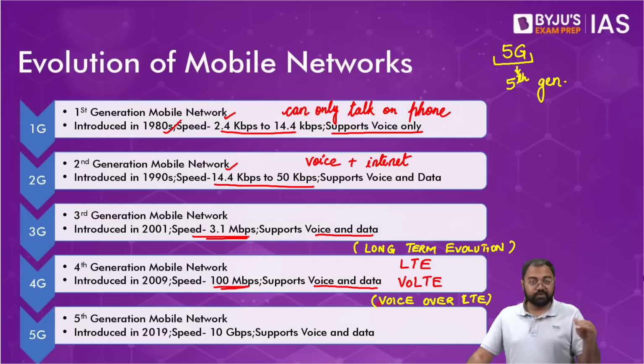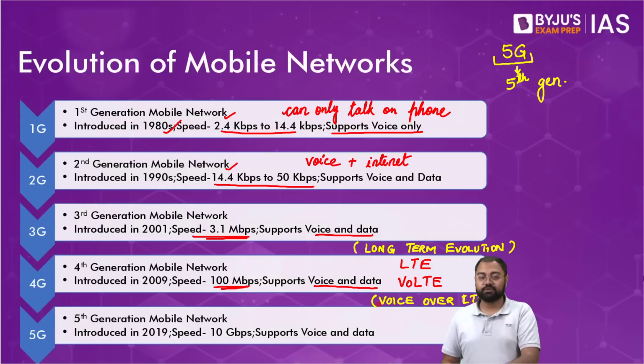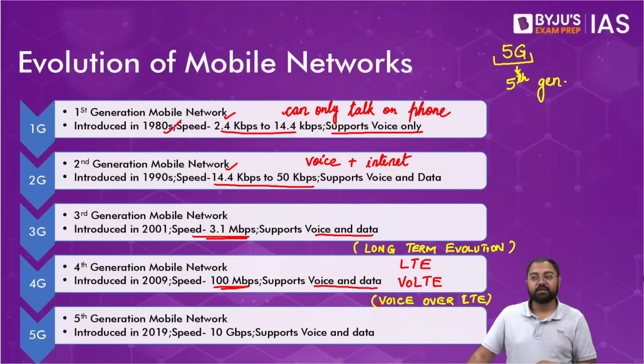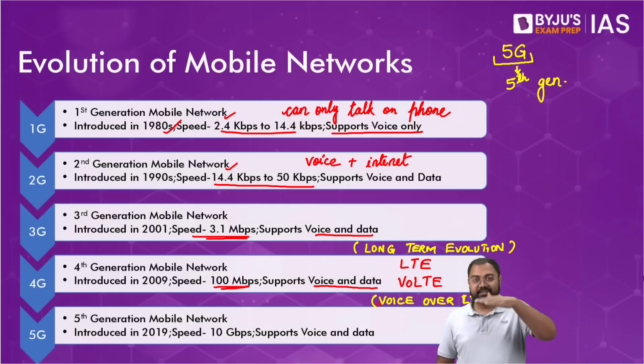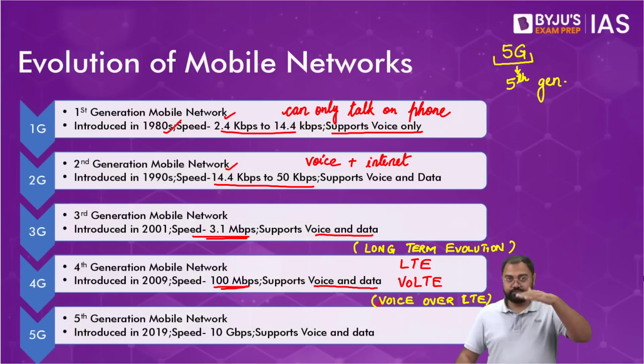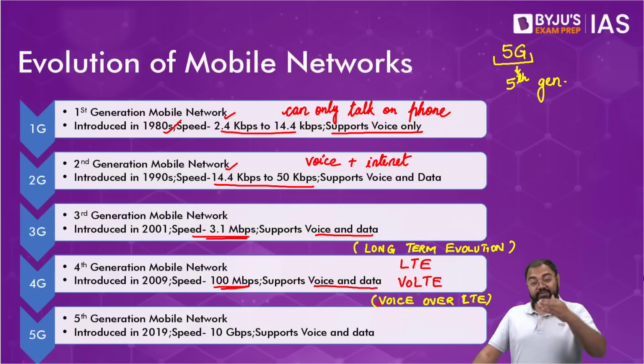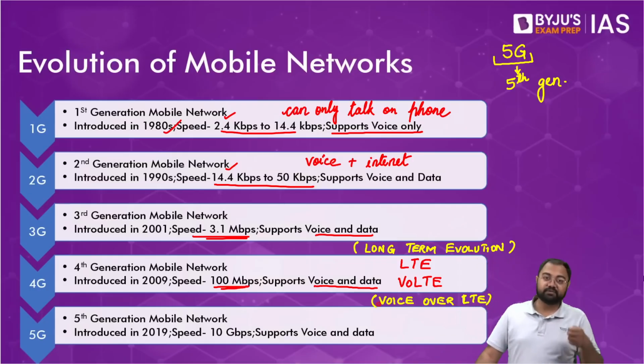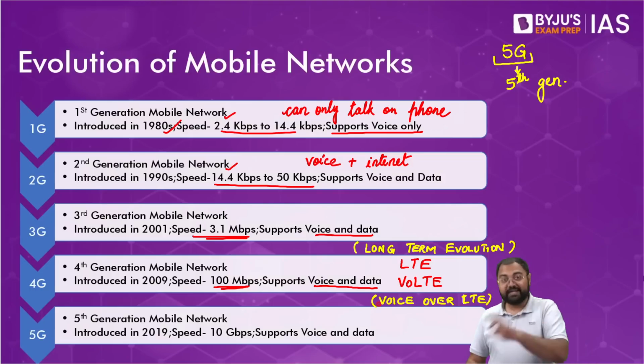Internet wouldn't be connected while you are talking, and when you disconnect the call, the internet would reconnect. That is what was happening until the first half of 4G, that was 4G LTE. And then when VoLTE was introduced, you could remain connected to the internet while talking on the phone.